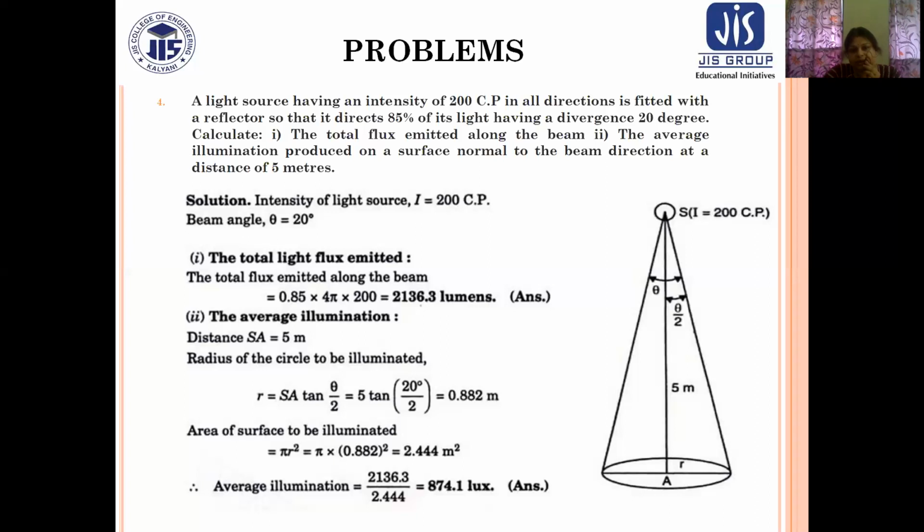So after that we get total flux as 2136.3 lumens, right?